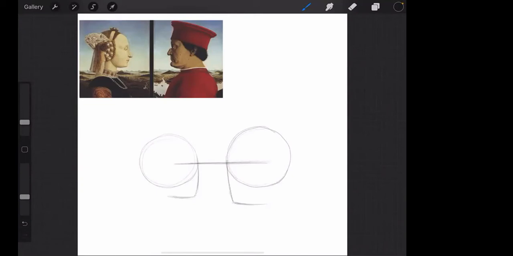And you can draw like a half line for the nose. And 1/3 from the nose, you can find the line for the mouth.